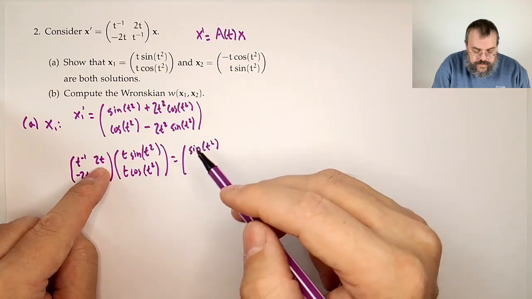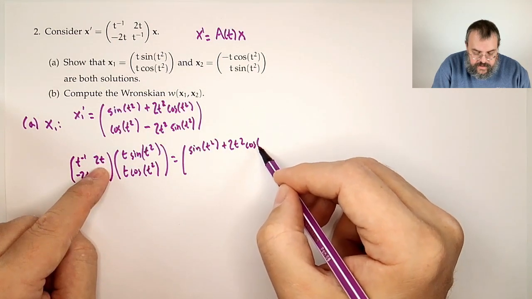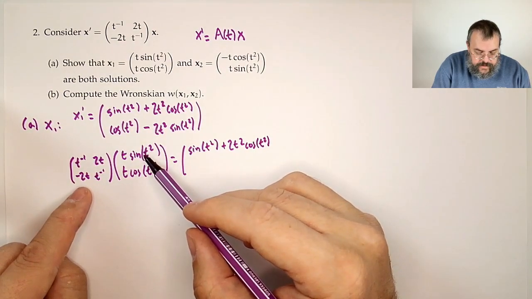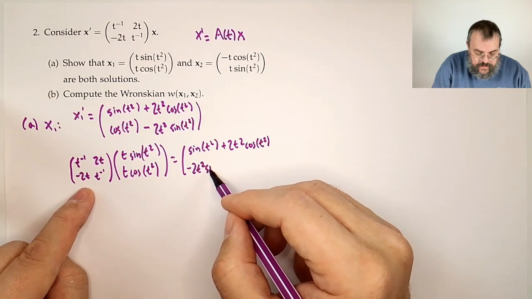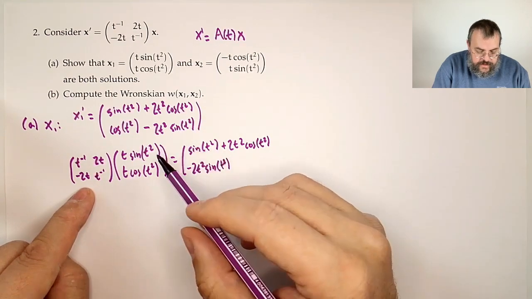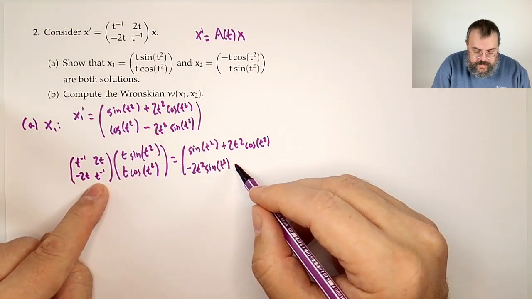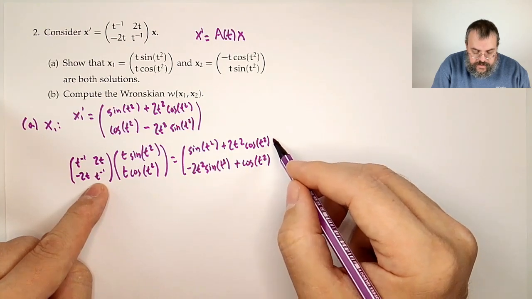Then 2t times t cosine t squared would make 2t squared cosine t squared. Here we have minus 2t squared sine of t squared. Then t minus 1 times t will just be 1 and cosine of t squared.